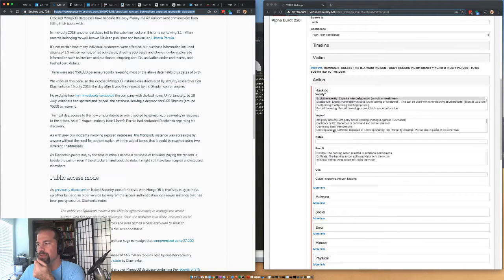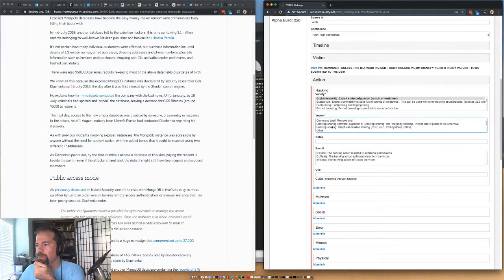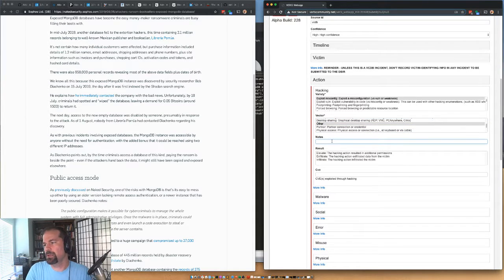I guess they're accessing the server, yeah, because the Mongo database was directly on the internet. Not really a shell. VPN, other, and this mark: direct server access from internet.